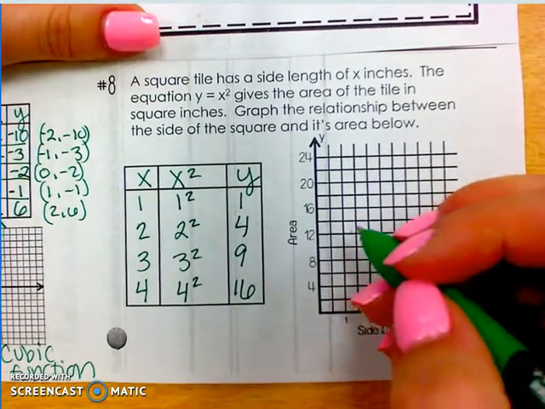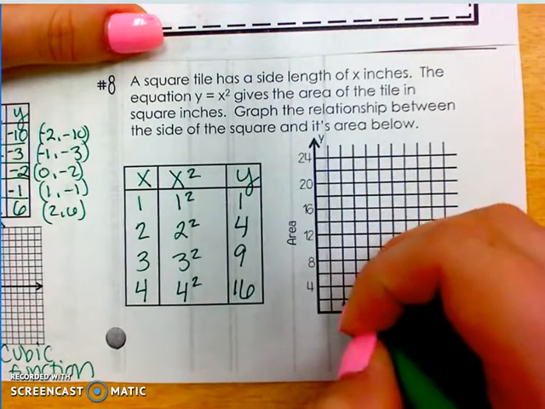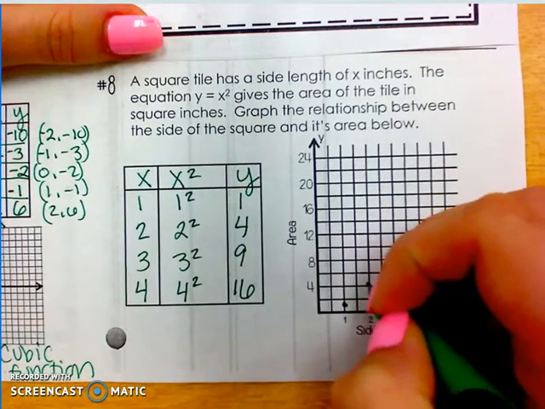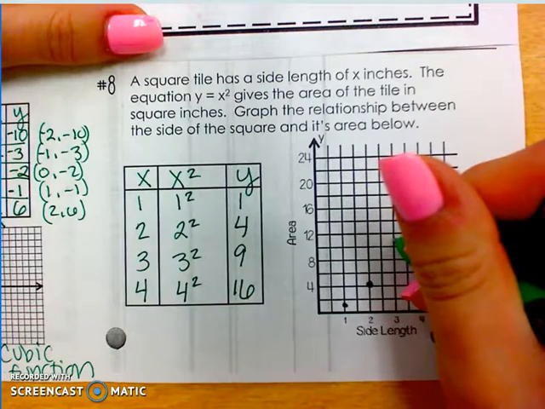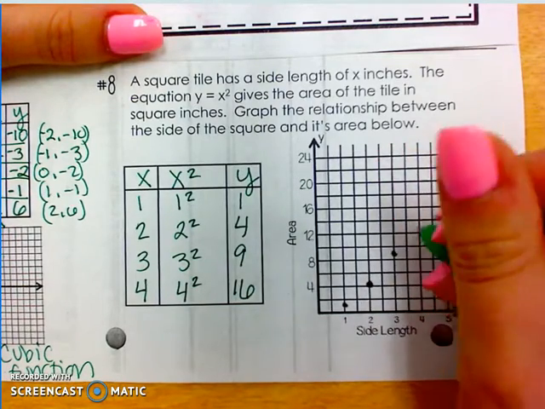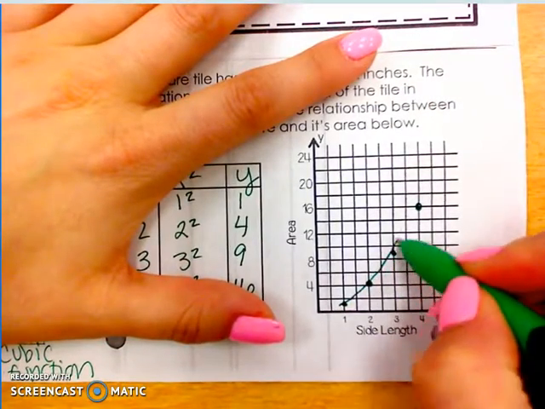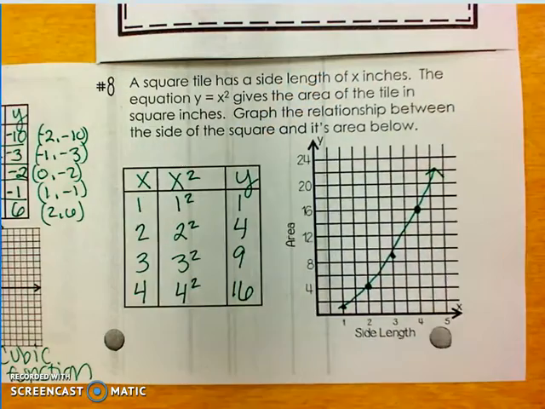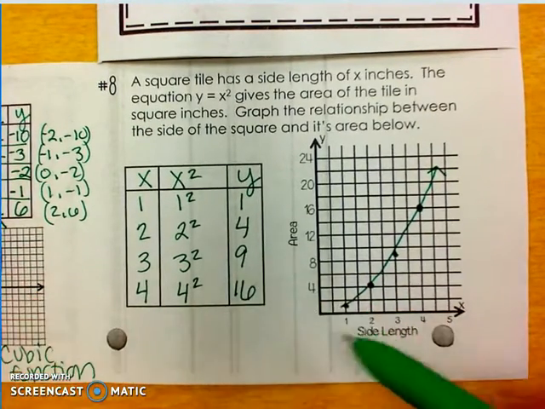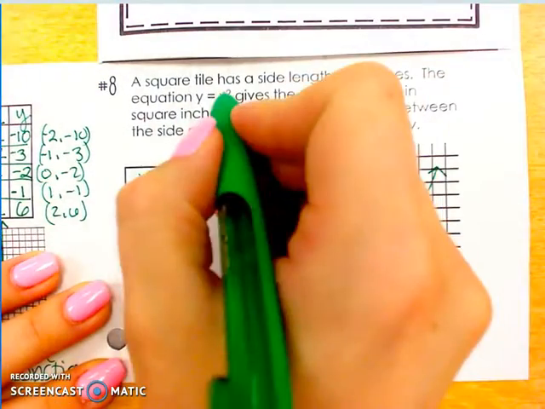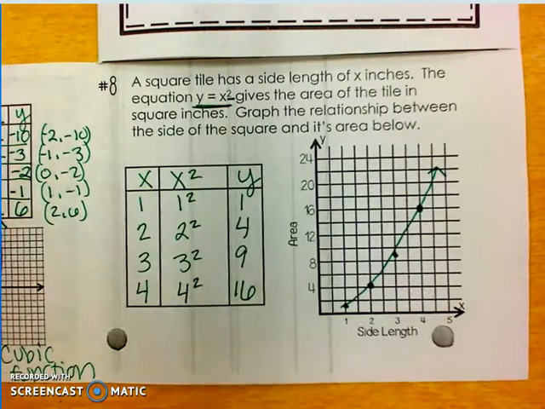And then I have my ordered pairs. And connect your dots. If there were such a thing as negative side lengths of a square, this would be a parabola because this is a quadratic equation because it has the squared on the x.